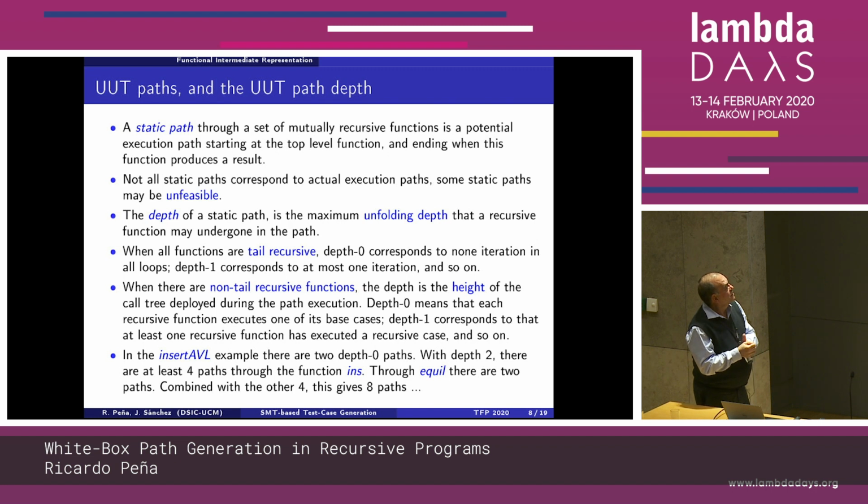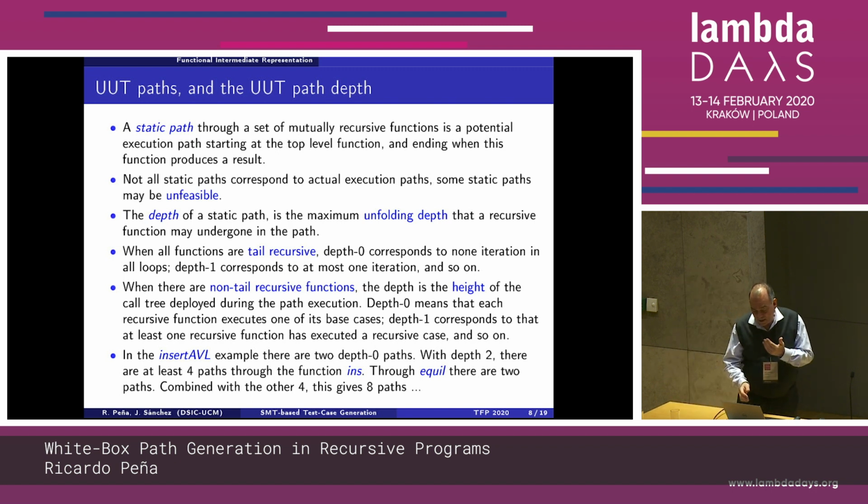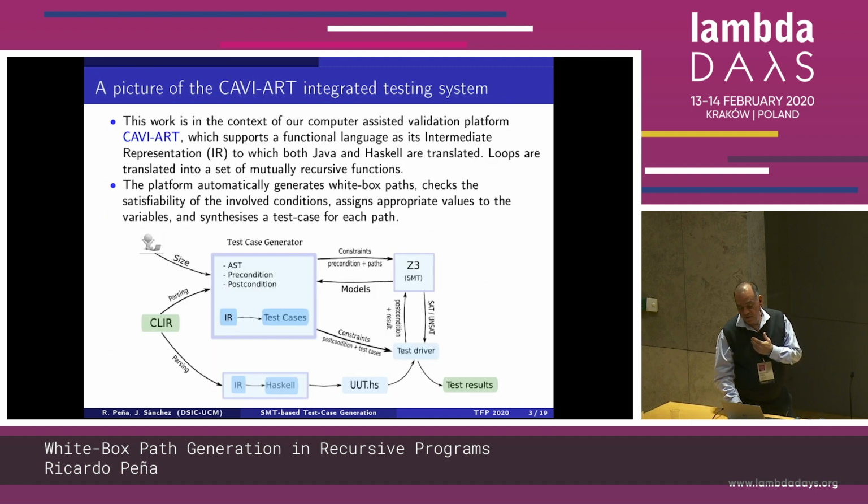And what is the depth of the path? The depth of the path we define as the maximum unfolding depth that a recursive function may undergo in the path. In my platform, we transform programs written in conventional languages such as Java and Haskell, or a part of Haskell, and we convert them to this intermediate representation.